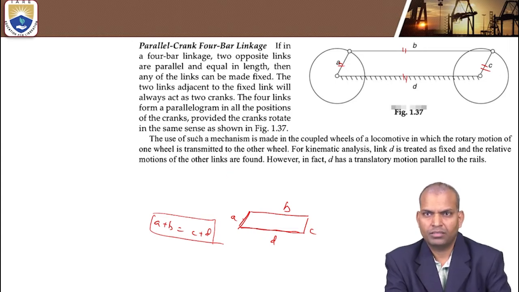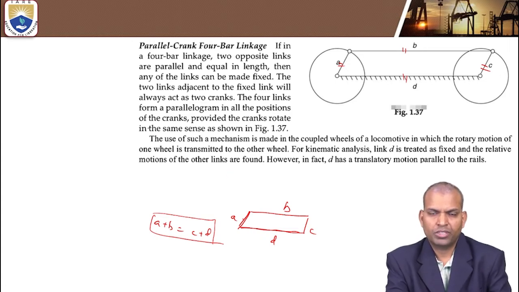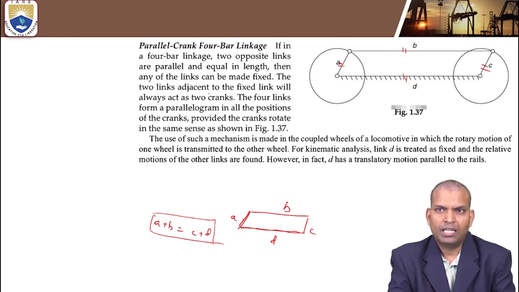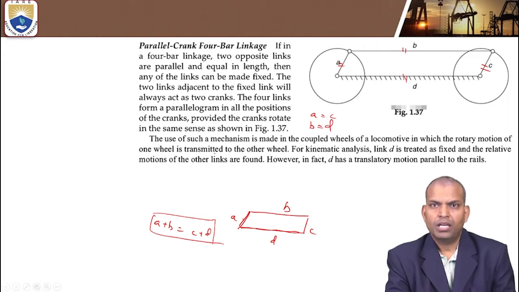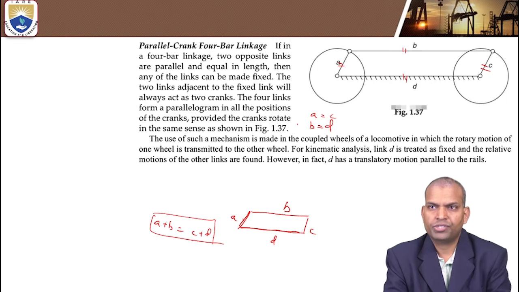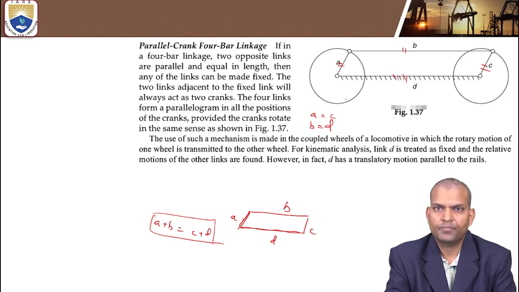Let me read word by word so that we can understand better. If in a 4-bar linkage, 2 opposite links are parallel and equal in length, A equal to C and B equal to D, then any one of the links can be made fixed. So D is fixed here.